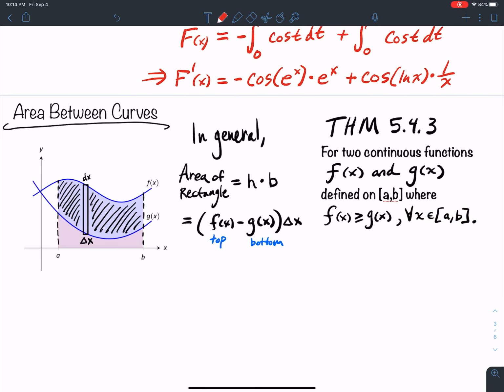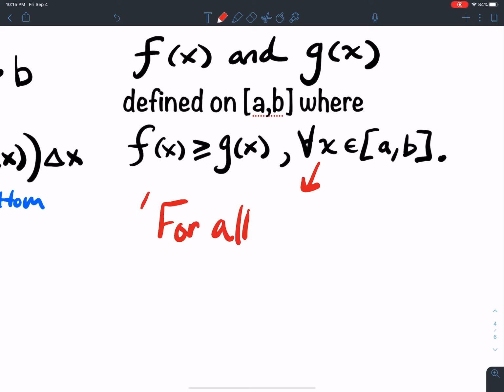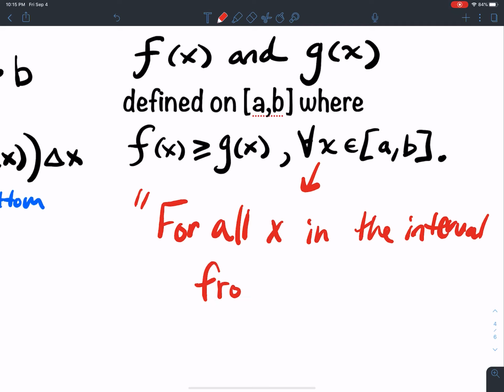So this is set notation. This is more of an advanced calculus notation here. What this reads is, this symbol here is for all x, and this symbol here is in the interval from a to b, x equals a to x equals b.